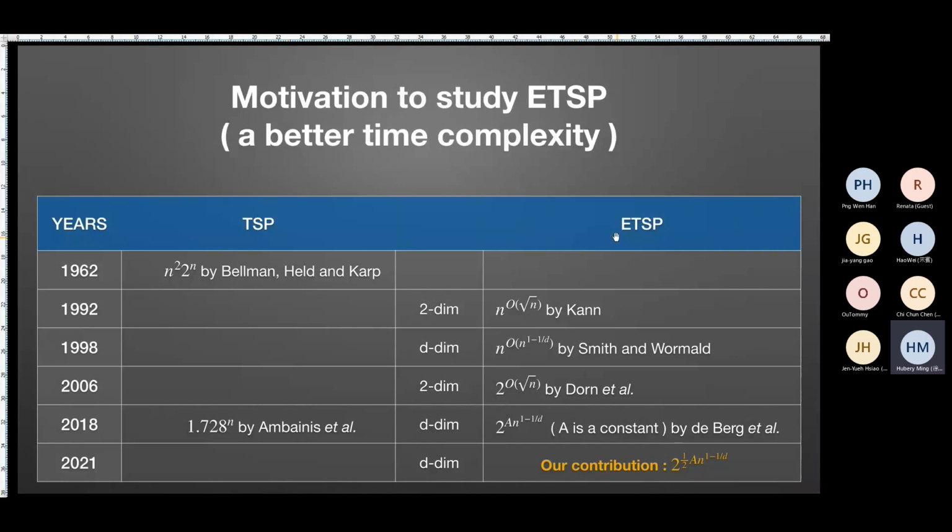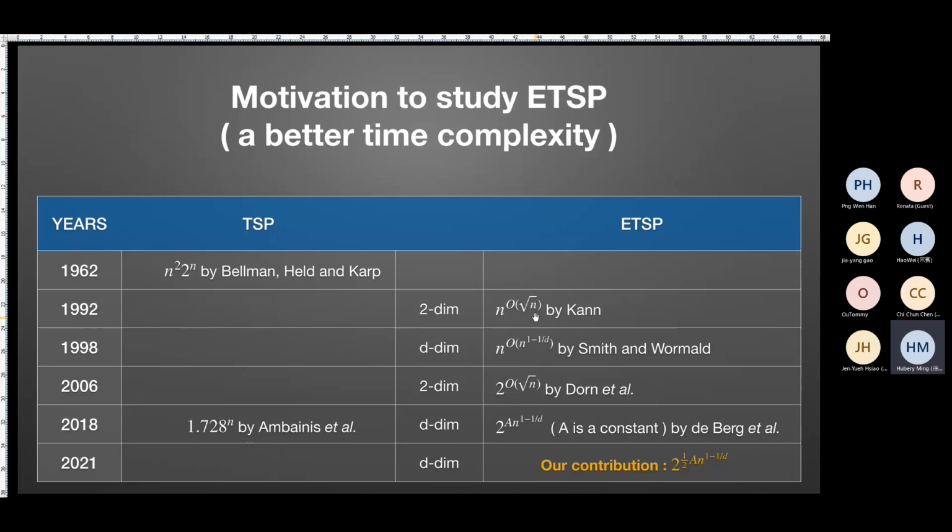So let's now consider the case in Euclidean space. The first sub-exponential algorithm was proposed by Chen. He proposed a divide and conquer algorithm, and he considered the two-dimensional case, and he obtained the time complexity.